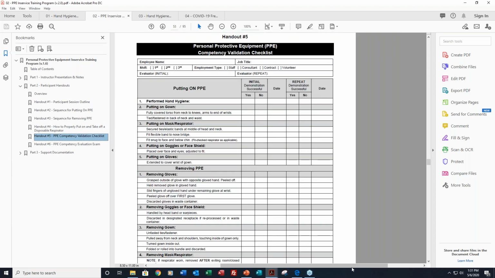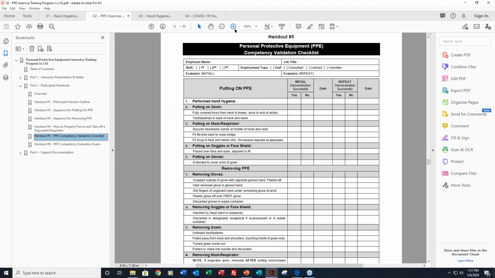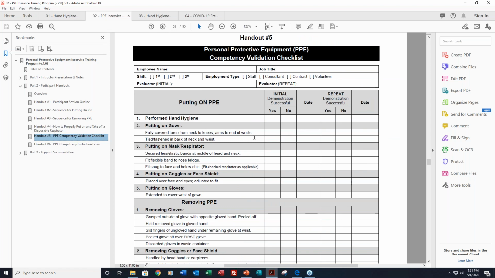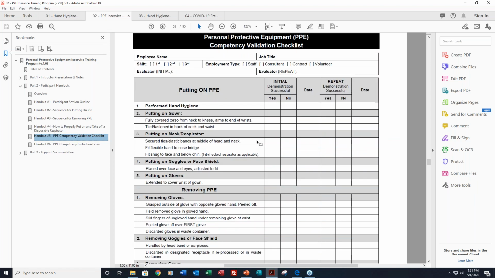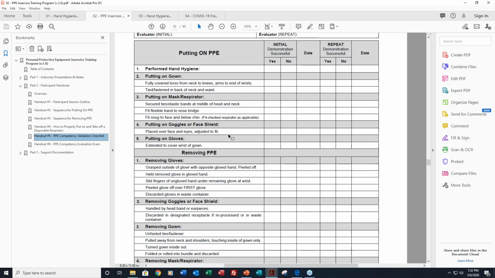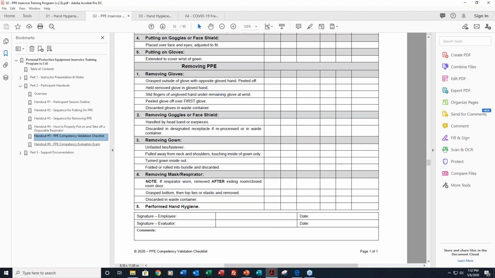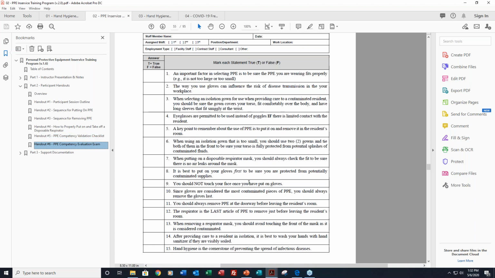There are two other things that we did with this one. This one has a competency validation checklist. It's a little bit different from the hand washing. It also has an exam so that they can demonstrate competency, and also head knowledge.